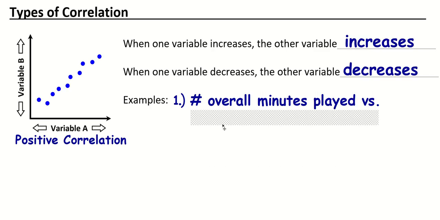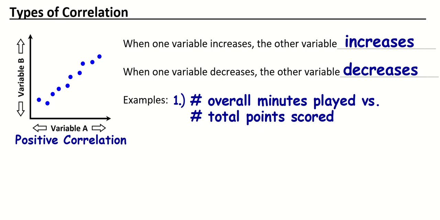Let's say the number of overall minutes played in a basketball game. What do you think would have a positive correlation with the number of overall minutes played? Maybe the number of total points scored.